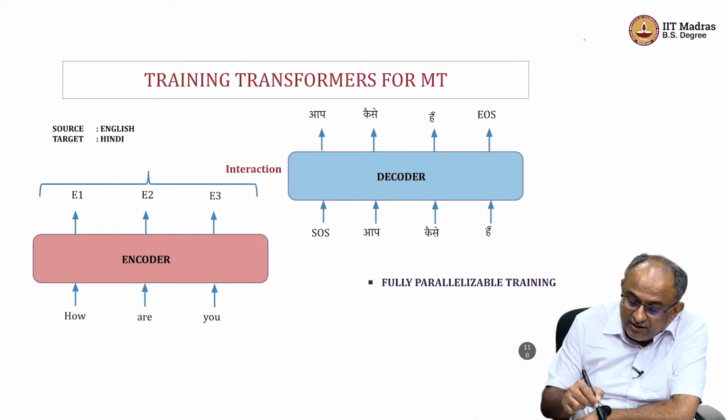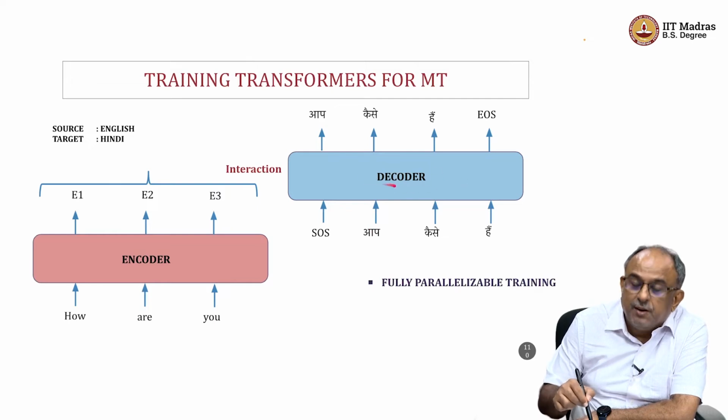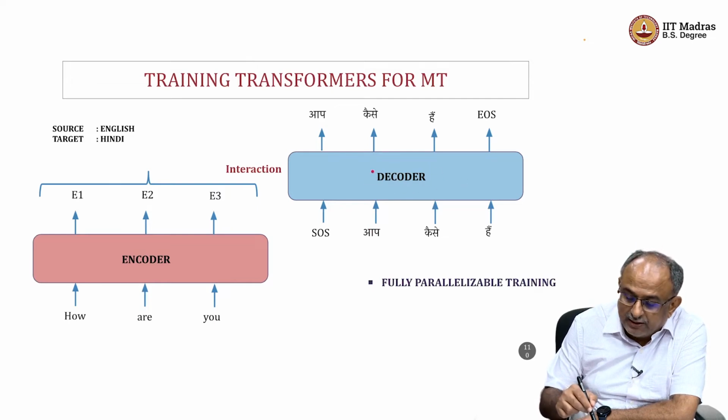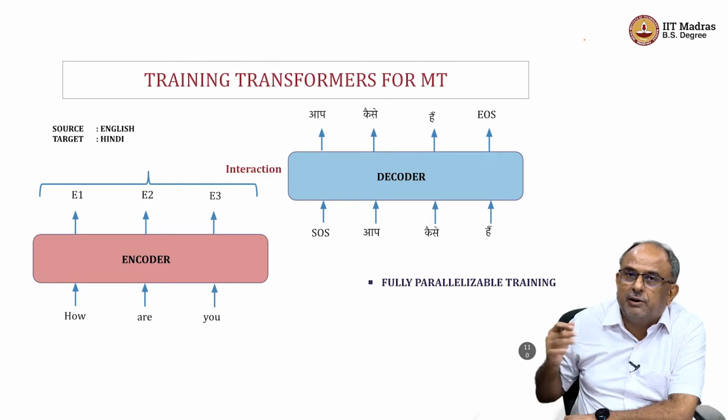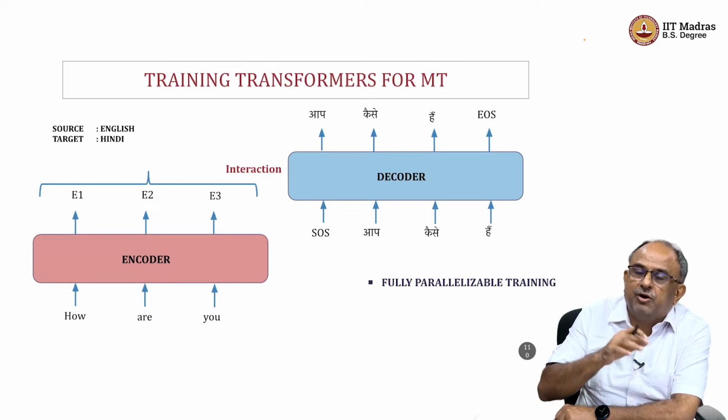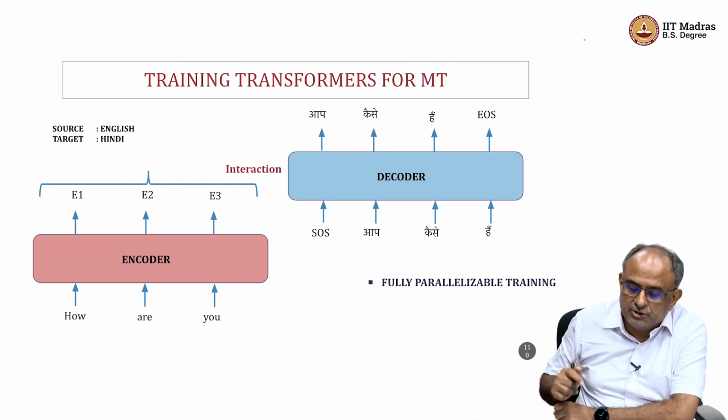Okay. Although inside we are going to do self attention, the self attention will be masked. So, when I am at aap and processing kaise, I do not know hai and all these things. All these future words, I do not know what is going to come. So, I am not going to look at them, I will give 0 weightage. I am only going to give a weighted combination of the past outputs. That is why inside this it will be using something called masked self attention.